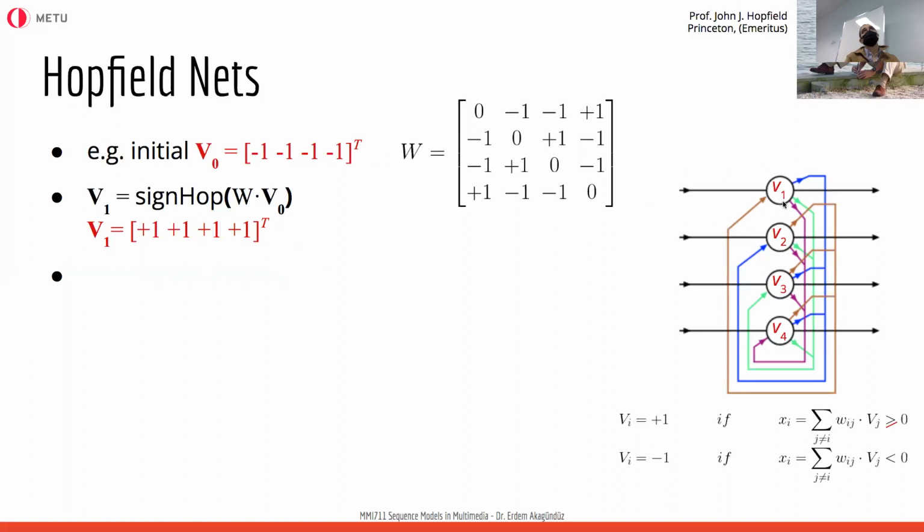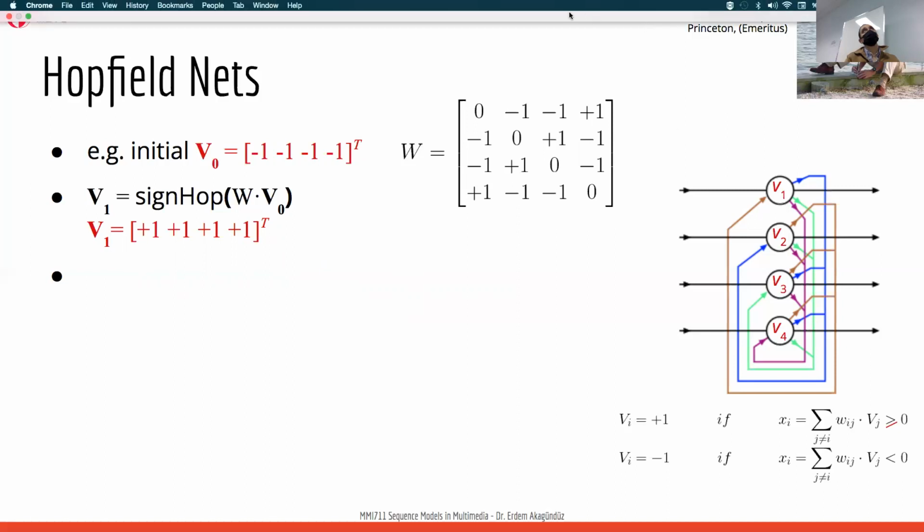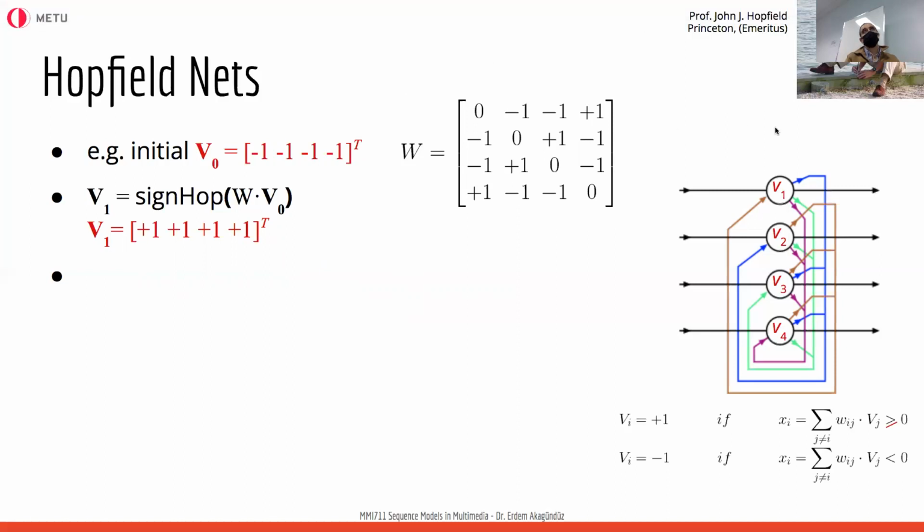So there is -1 here, there's -1 here, -1 here, and it's connected to this node using the blue, and this node is here, -1. So multiply them, it may become +1, and these are added up, and you get a value.